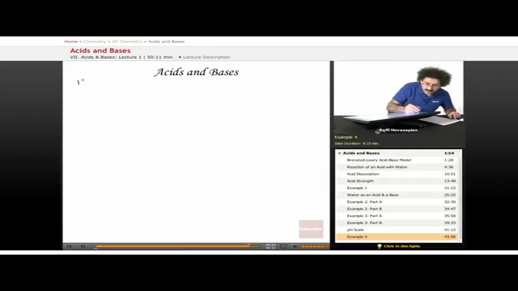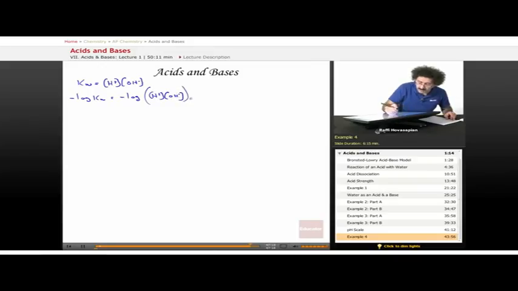We said that Kw is equal to the hydrogen ion concentration times the hydroxide ion concentration. Let's take the negative log of both sides. Negative log of Kw is equal to negative log of this whole thing, H plus times OH minus.